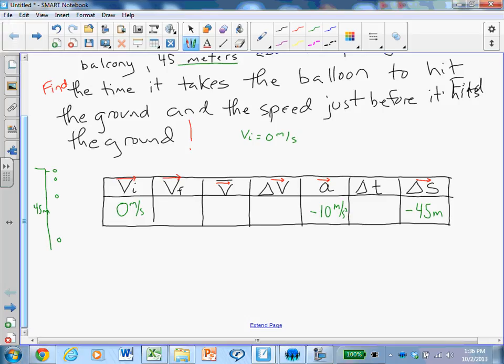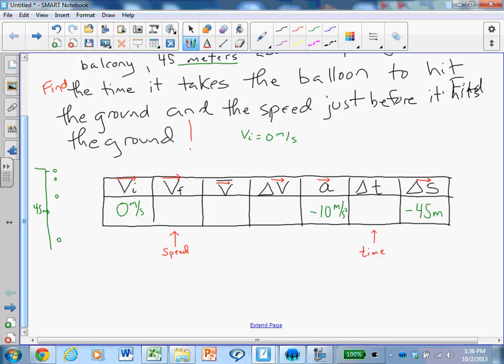That will be VF. And since it's speed, even though it's negative, we'll put in the positive because it's just speed. It doesn't have a direction associated with it. And it also asks for the time, so that will come up here because that will be the elapsed time since it fell.